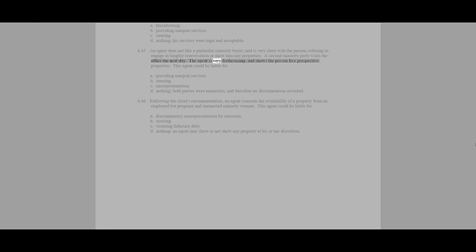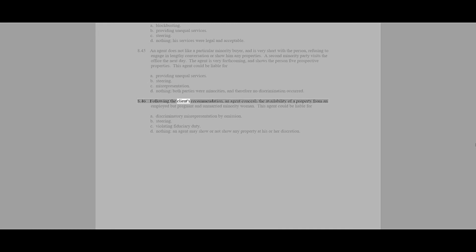The agent is very forthcoming, and shows the person 5 prospective properties. This agent could be liable for A. Providing unequal services. B. Steering. C. Misrepresentation. D. Nothing. Both parties were minorities, and therefore no discrimination occurred.